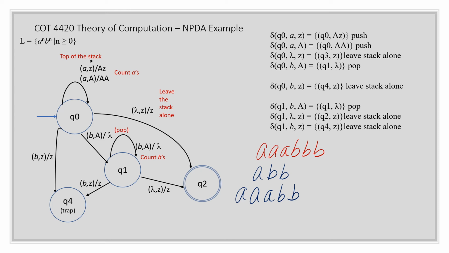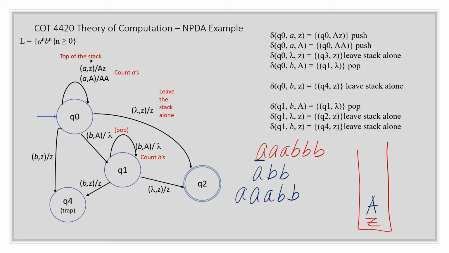So we'll start with this first one. So here's our stack, my starting symbol. My first symbol right here is A, right? So I read the A, and there's a Z there. So what am I going to do? I'm going to push an A onto the stack and stay in Q0.